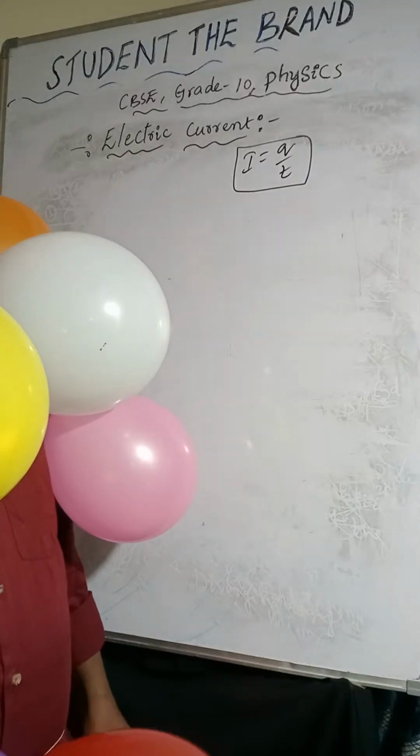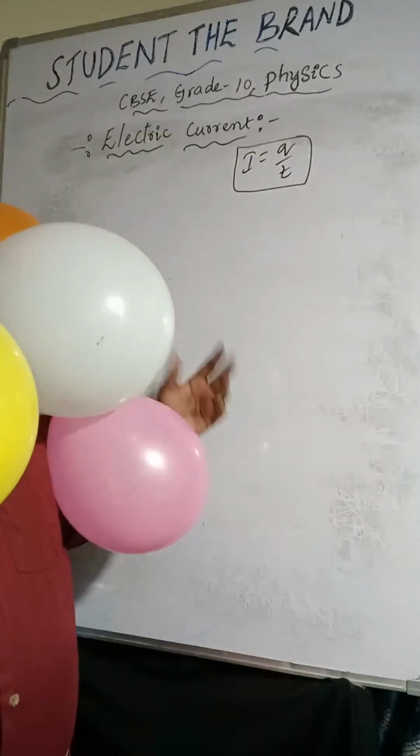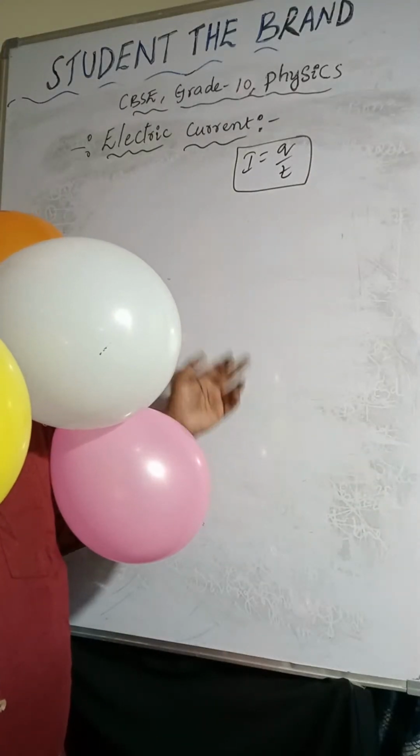The flow of charge through unit cross section area per second is called electric current.